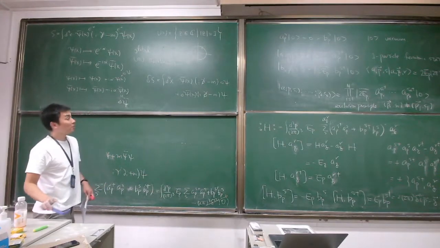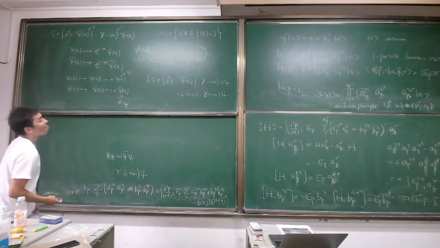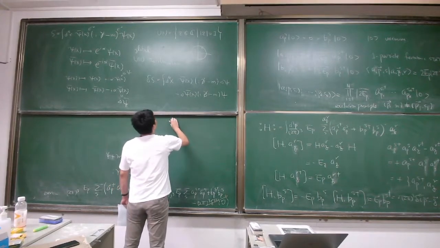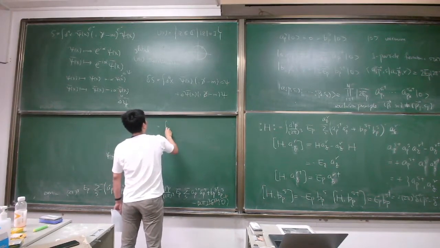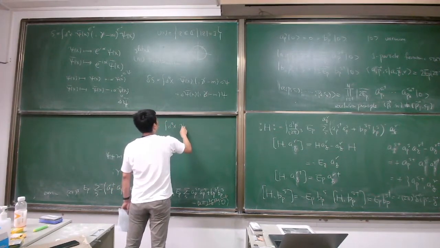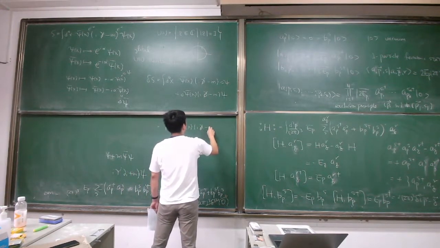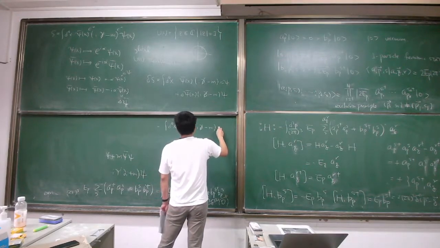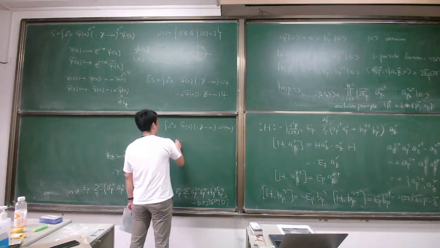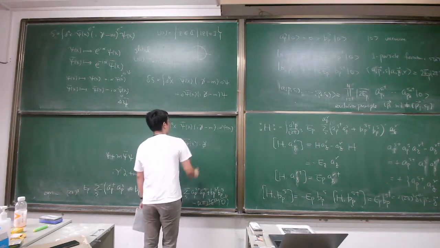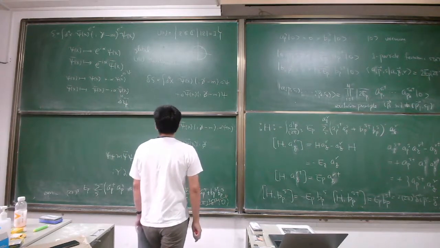I hope I'm not going to make a mistake. I alpha psi of x. On the other hand, you have minus i alpha psi bar of x. Oh, I'm sorry, I'm doing something very stupid.